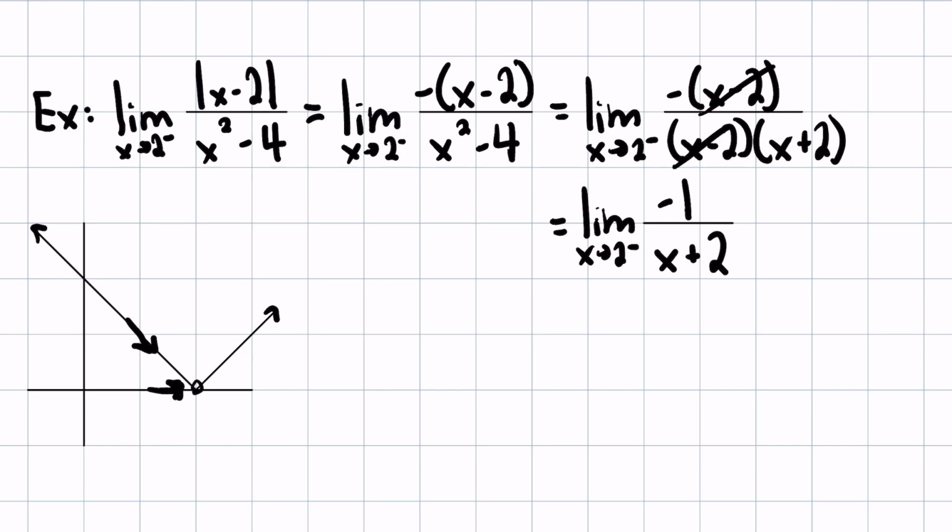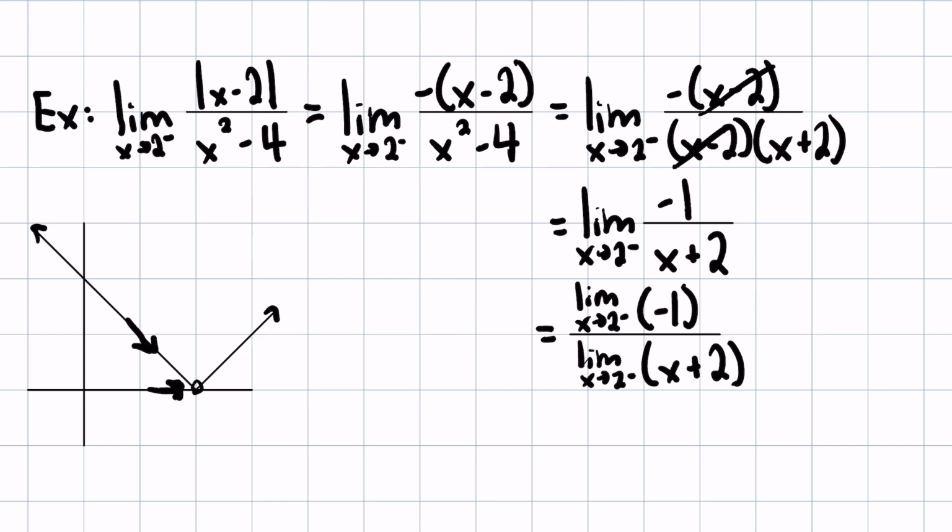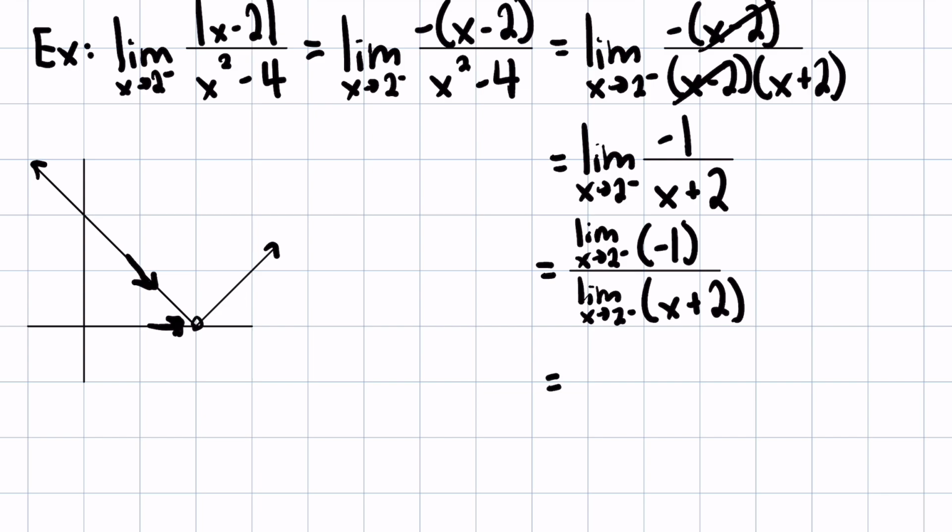Now, the limit as x approaches 2 from the left of x plus 2 is not 0, so we can separate this out into the limit as x approaches 2 from the left of negative 1 over the limit as x approaches 2 from the left of x plus 2. Now, negative 1 is a constant, so its limit is just going to be the constant itself.